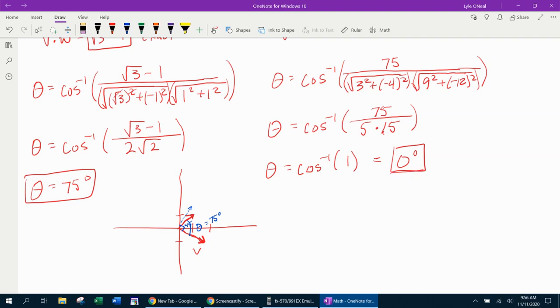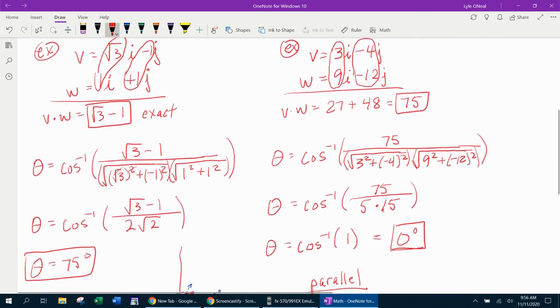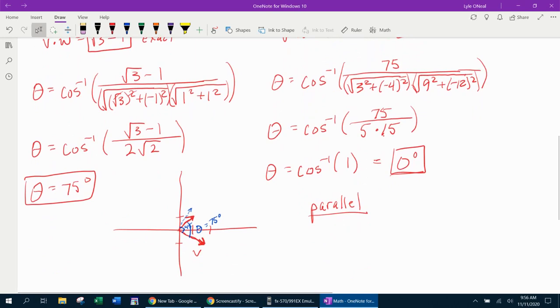So if you get an angle of 0 degrees, that makes the vectors parallel. If you get an angle of 90 degrees, that makes the vectors orthogonal. And any other angle, like in the previous one, 75 degrees, you would say neither.